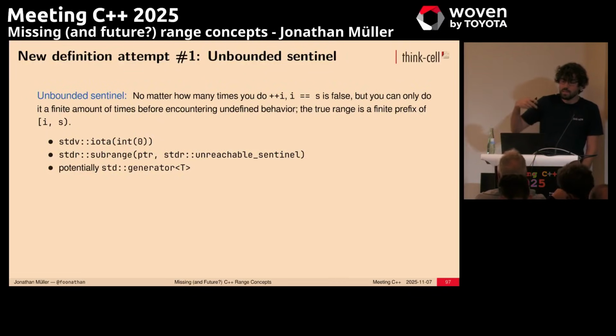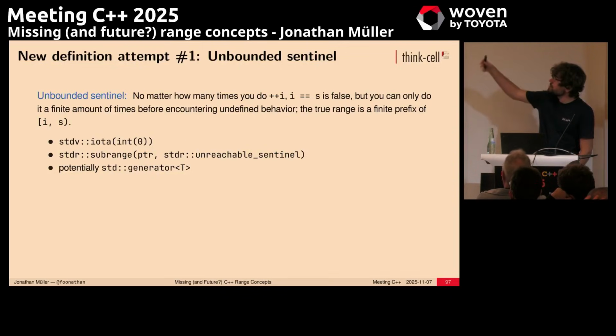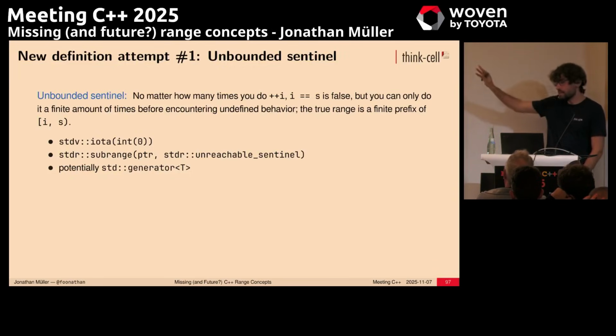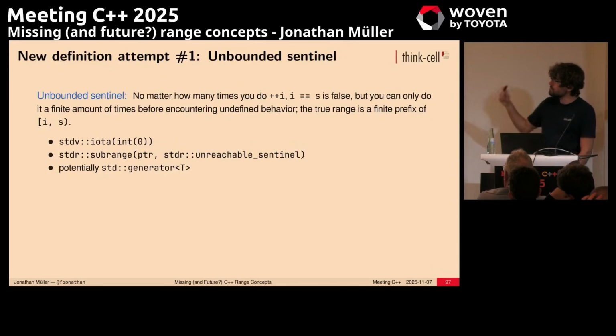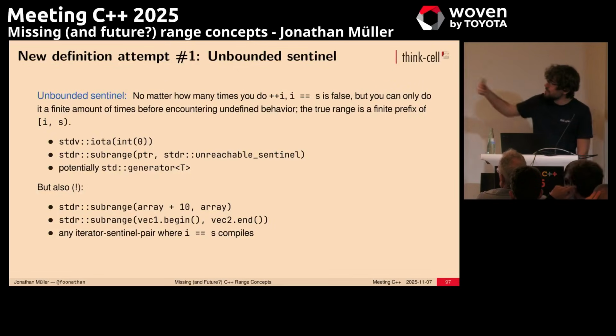So let's introduce an unbounded sentinel. This is like the infinite sentinel in that you will never reach the sentinel, but at some point you will encounter undefined behavior, and that is the actual end. There is an end somewhere, we just don't know it, right? And this covers the iota for int, the signed one, the subrange for pointer with the unreachable sentinel, and potentially the generator. But it also allows these ones, right?